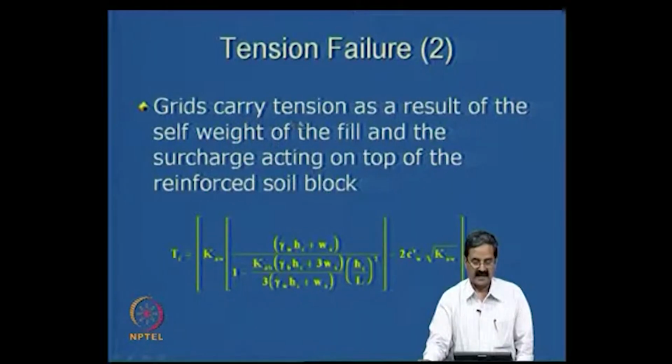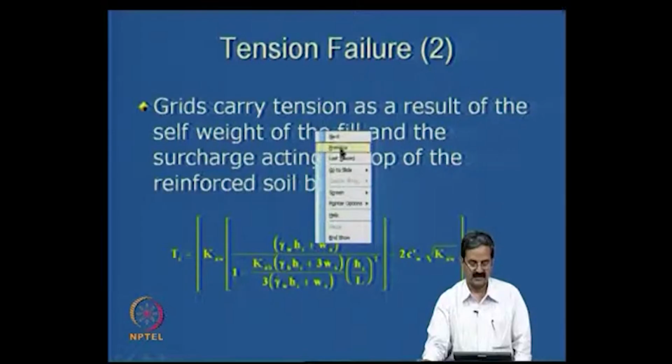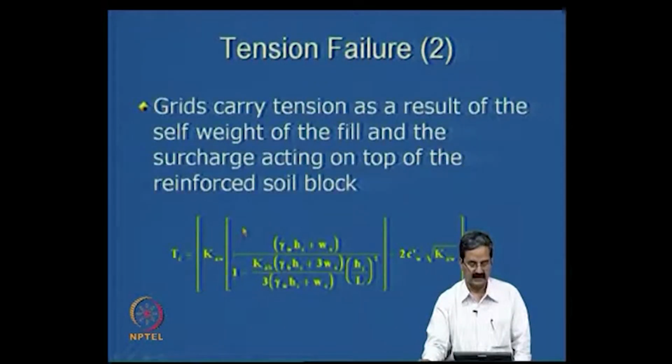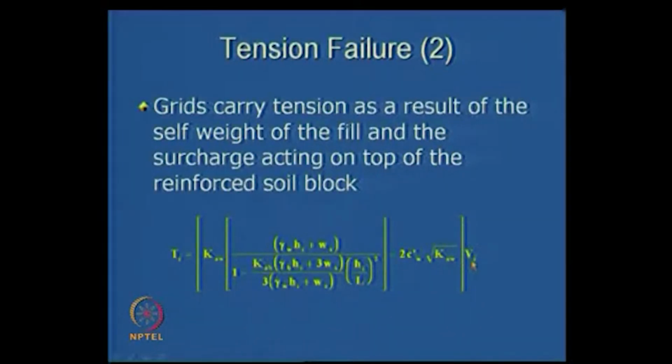So, the grids carry tension as a result of the self weight of the fill and the surcharge acting on the top of the block. That's what we did. If you have seen the previous figure, we have seen the expression for this, which is nothing but the vertical pressure into Ka, okay. And if the soil has cohesion, we introduce cohesion term also, otherwise it is not required, and this acts over a distance Vi, okay.